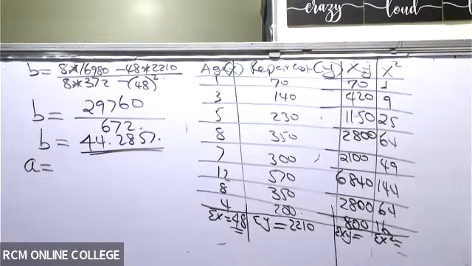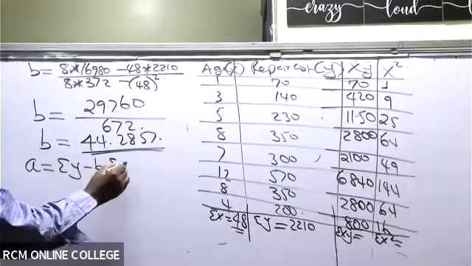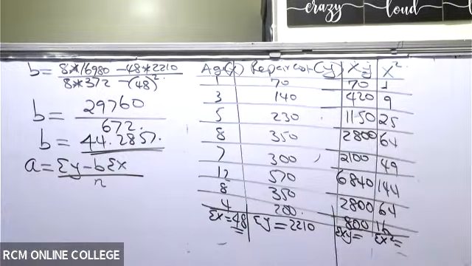So to get A, we normally take summation of Y minus B, summation of X, divided by N. Do we have all these parameters? Oh, yes, we do.